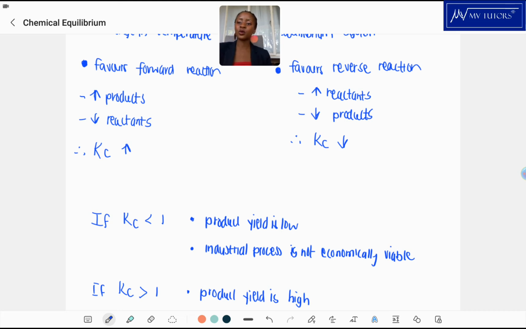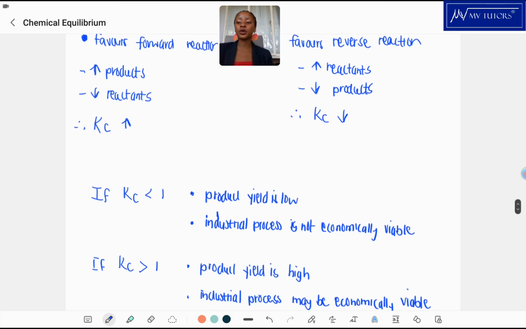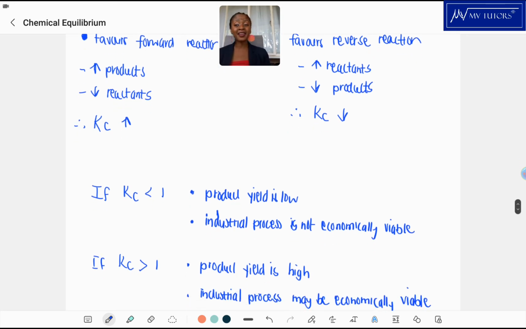For those who like asking why am I learning all of this, well, if you're planning to be an industrial engineer, this comes into play. If your equilibrium constant is higher than 1, that means your product yield is high. In this case, your industrial process may be economically viable and you can go ahead with it.